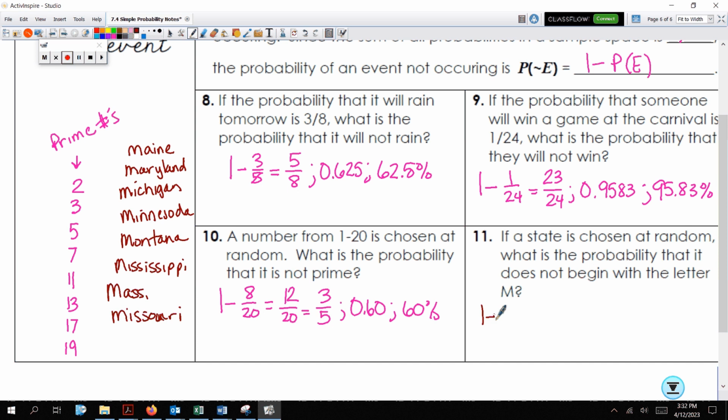So 1 minus 8 out of 50 is going to be 42 out of 50, which simplifies to 21 out of 25. As a decimal, that would be 0.84. And as a percent, it would be 84%.